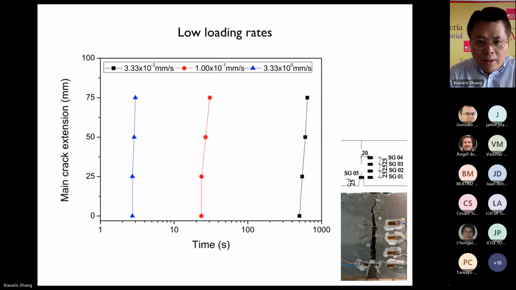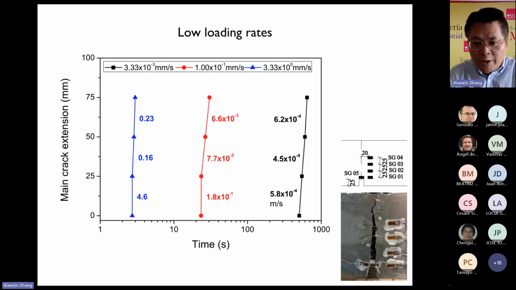On the low loading rates, according to the theory I mentioned before, we draw a figure of main crack extension, like the black curve here, or the black squares. We know the time at each strain gauge and the distance between the different strain gauges, so we can get the average crack velocity, for example from strain gauge 1 to gauge 2.